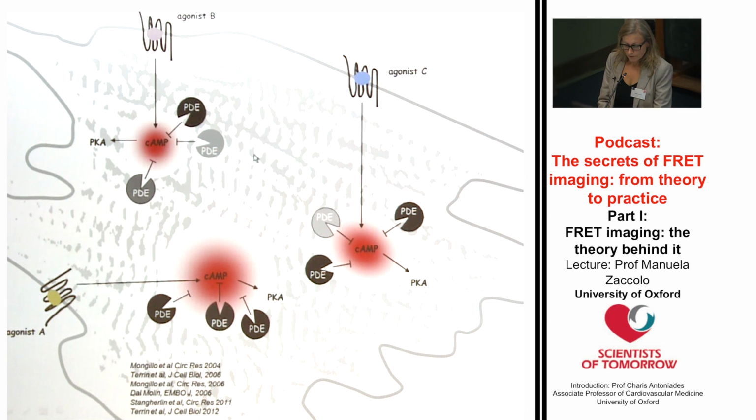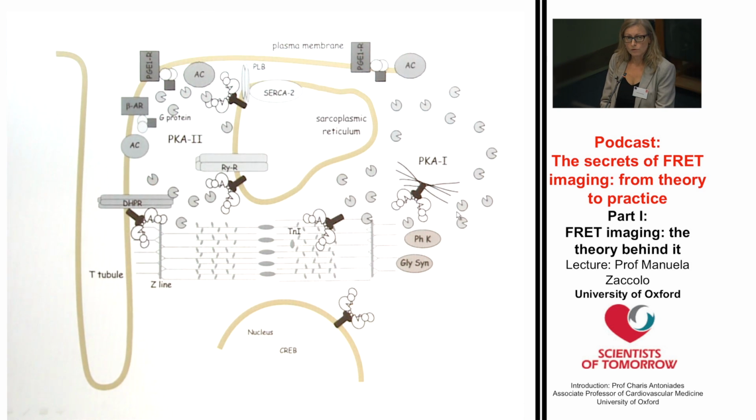To tackle this question, we thought that one possible way was to increase the resolution of our imaging approach by targeting the sensors to specific and individual macromolecular complexes that are important in the regulation of cardiac myocyte function.